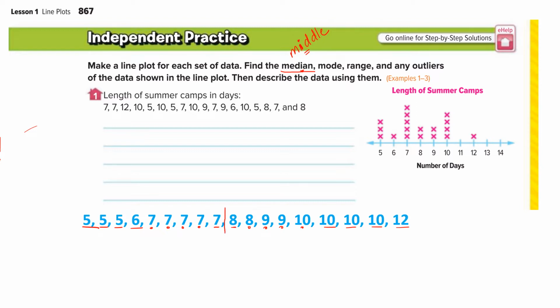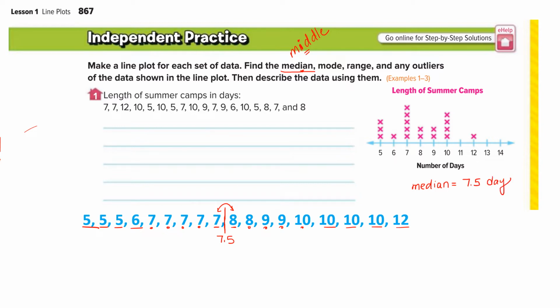My median will be between them. I have to ask myself, what is between 7 and 8? That is 7.5. So the median number of days of camp would be 7.5 days.